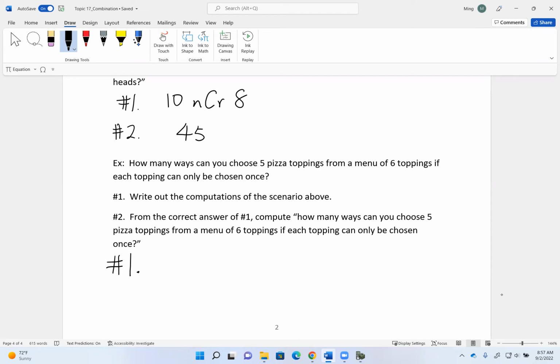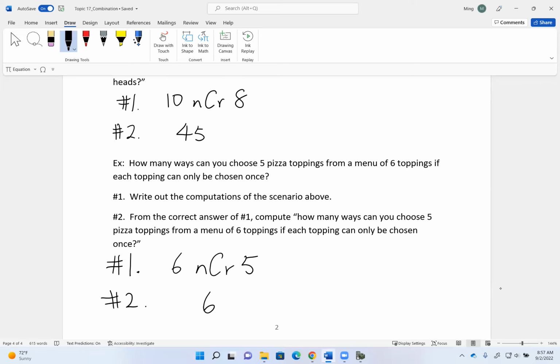It's not that I purposely bite this topping first or that topping next. So there are 6 distinct toppings, choosing 5 of them using combination. So if you put this in the calculator, there are only 6 ways I can choose the 5 toppings from 6 of them.